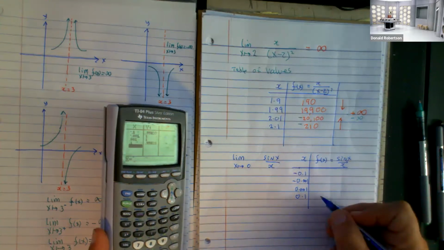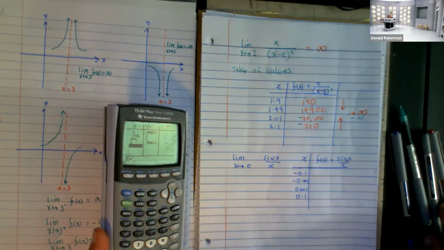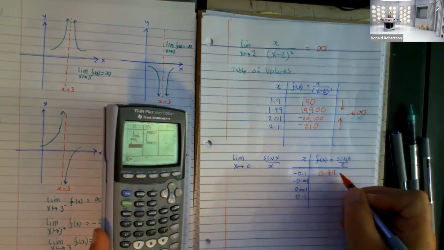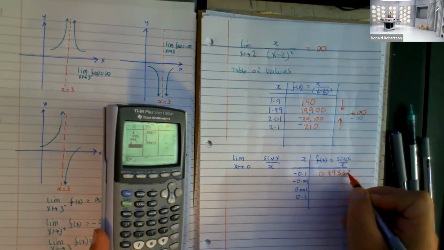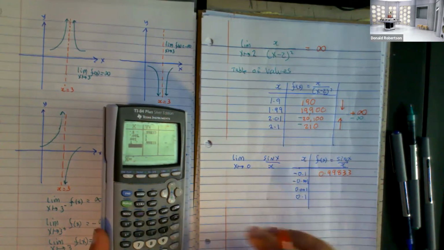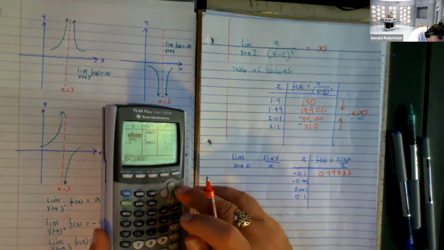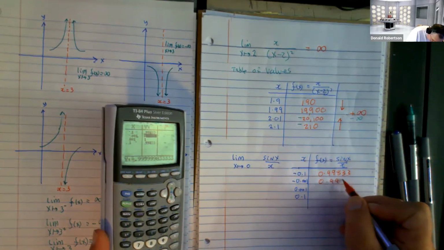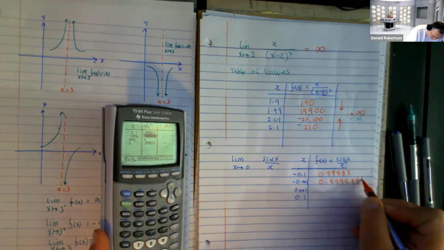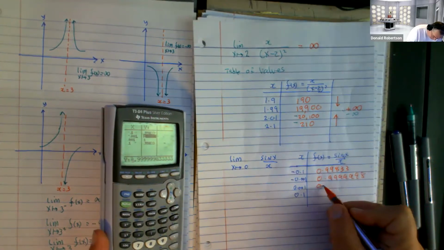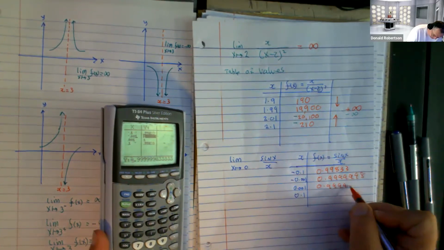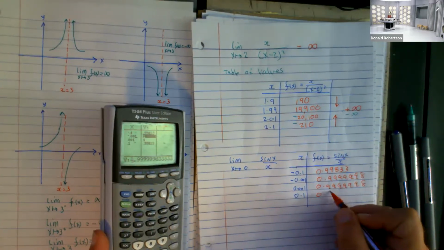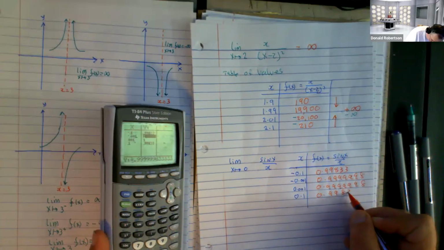And the answers that I got are 0.99833. That guy there that says 1, if I go over here, can you see it's actually 0.99999 and some 8s. And this one is 9, probably some 8s. And the last one is 0.99833.